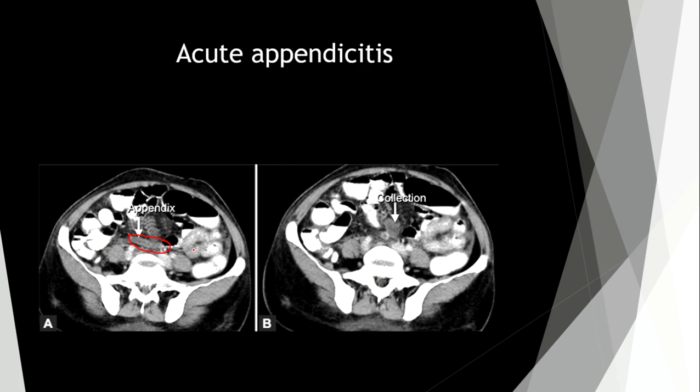It means it is very mobile, and the appendix can be placed in many parts of the abdomen. It can be near our umbilicus, near the liver, in the right inguinal space, and even in the pelvic cavity. So here we see the appendix, and on the deeper slice we have a fluid collection here.